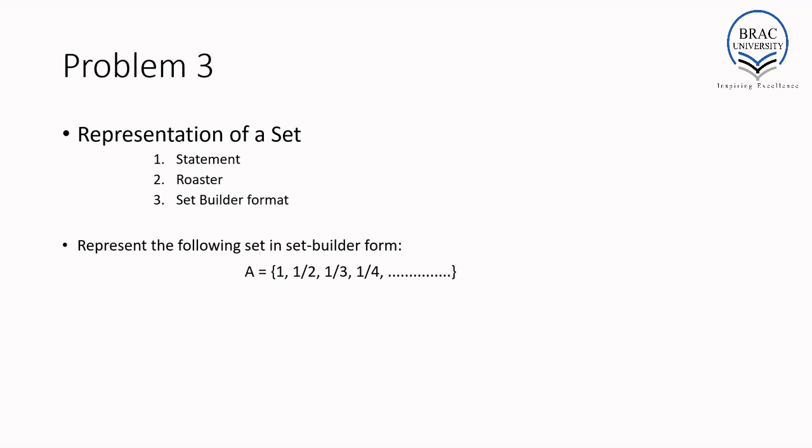But before I move on to the next slide, I would suggest that you find the trend here. 1 can be written as 1 divided by 1, and now we have elements as 1 divided by 1, 1 divided by 2, 1 divided by 3, 1 divided by 4. So the denominators increase in each element.